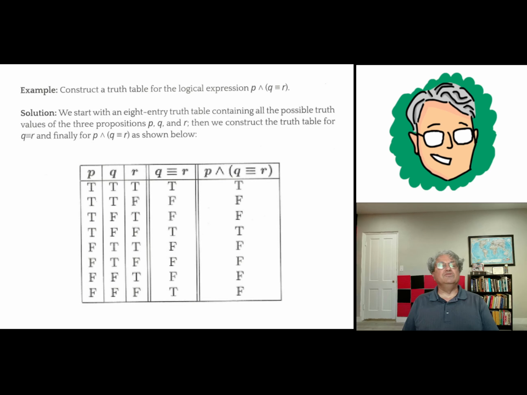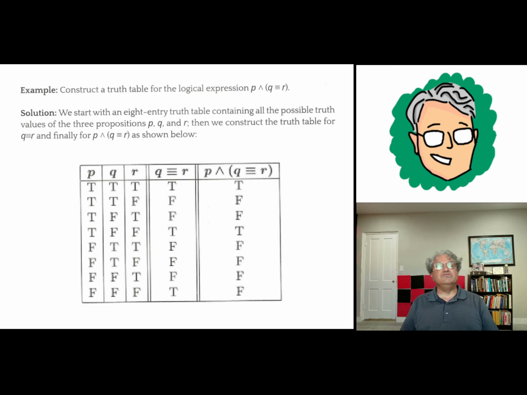So, for instance, in the first row, P is true and Q is equivalent to R is also true. That means P and Q is equivalent to R is true. And you can check the remaining 3 cases. The 4th case is like that case. 2nd and 3rd, P is true, but Q is not equivalent to R, so those 2 cases are false.